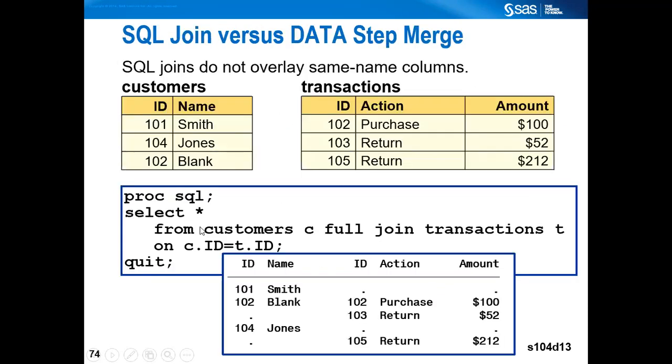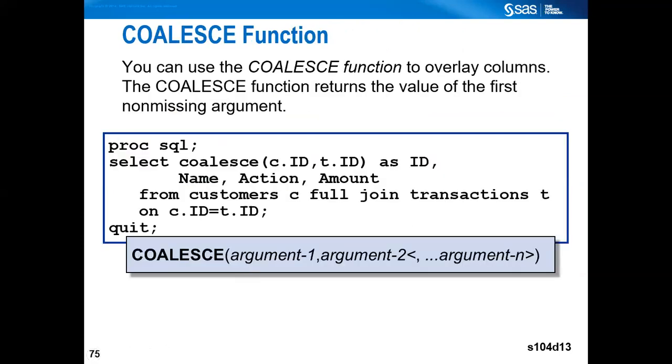That means when you use COALESCE on ID, the first non-missing value will be the result, and then the missing row values will be the result on the common column. You write COALESCE with columns in parentheses separated by commas.